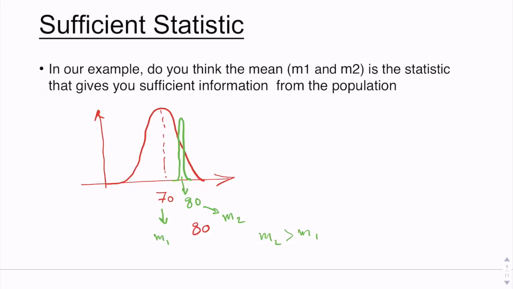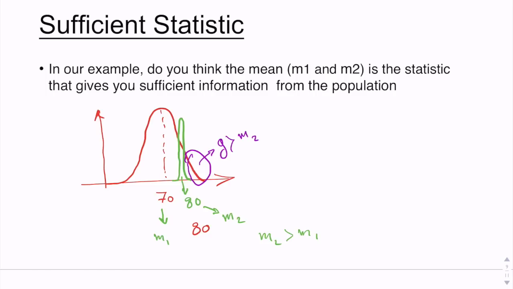We usually expect that students in class 2 have higher grades than students in class 1, but as you see, according to this example, there are some students in class 1 whose grades are greater than M2.